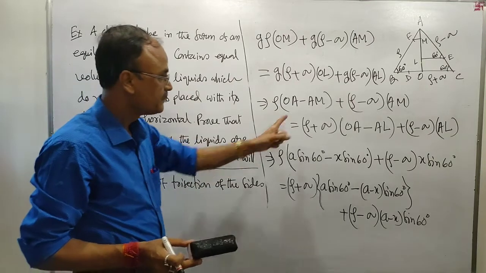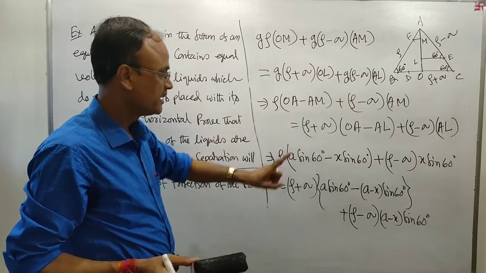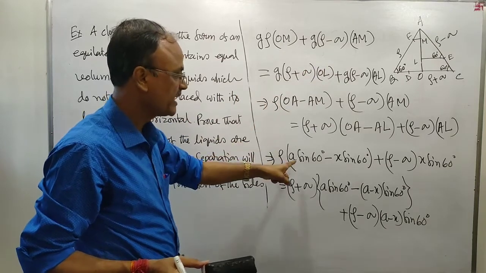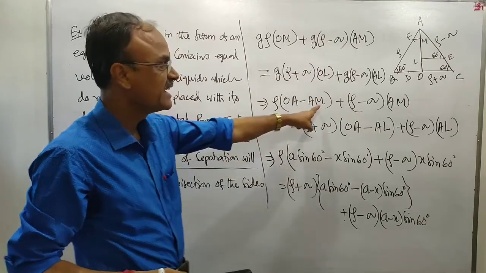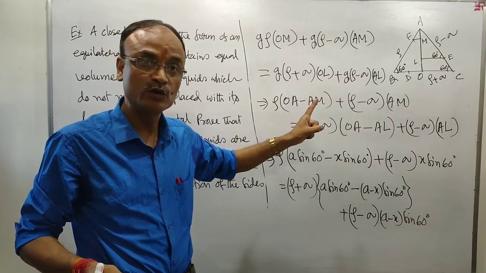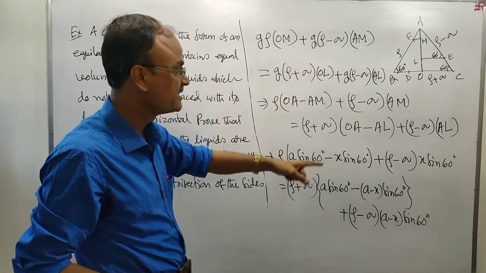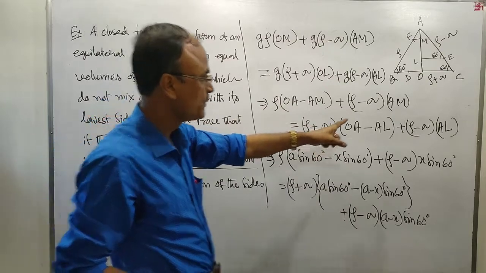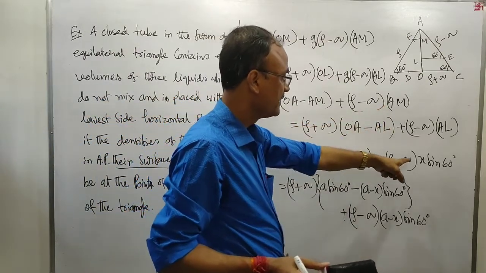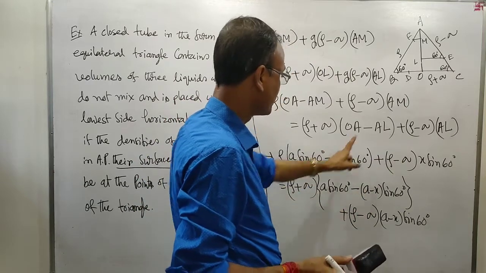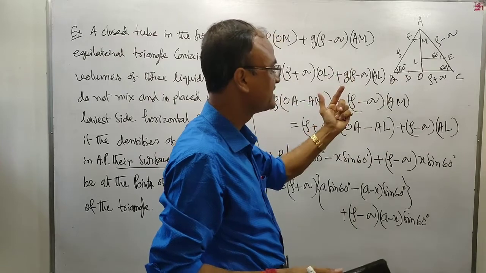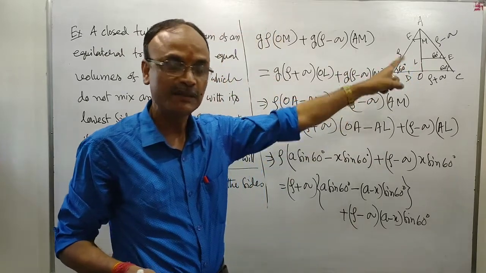Because OA equals AB sin 60 degree, AB equals a, AM equals AF sin 60 degree, AF equals x, so x sin 60 degree. And AL equals AE sin 60 degree, AE equals a minus x.